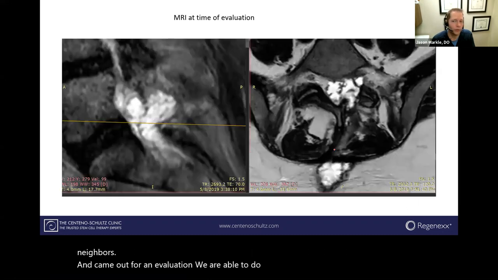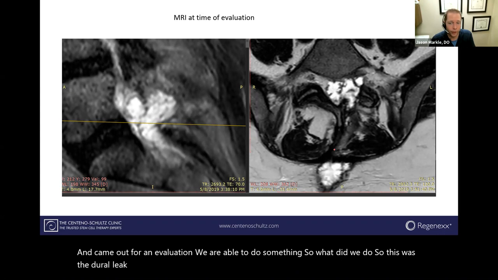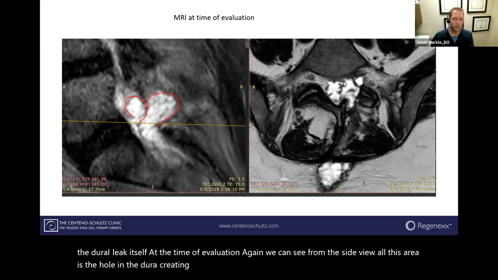So what did we do? So this was the dural leak itself at the time of evaluation. Again, we can see from the side view, all this area is the hole in the dura, creating some excess fluid around that area.